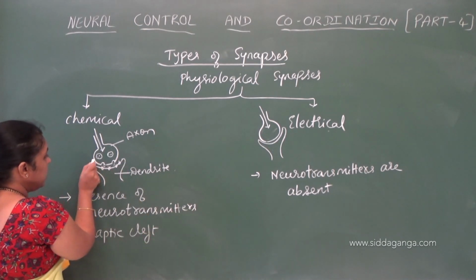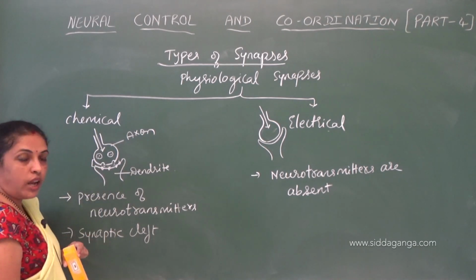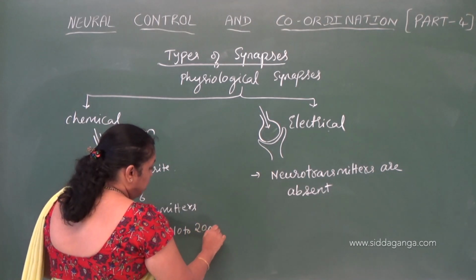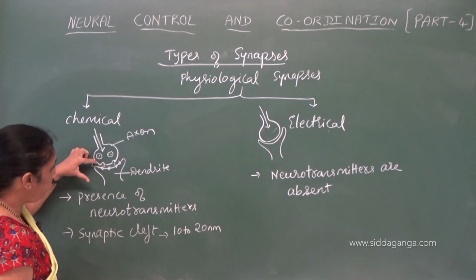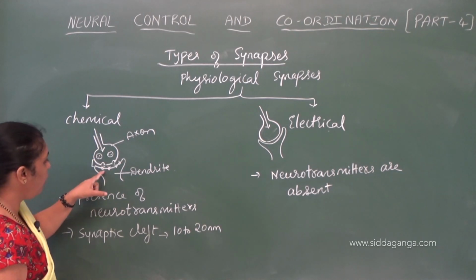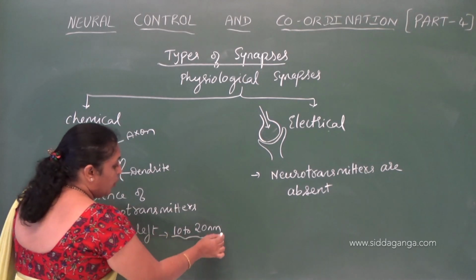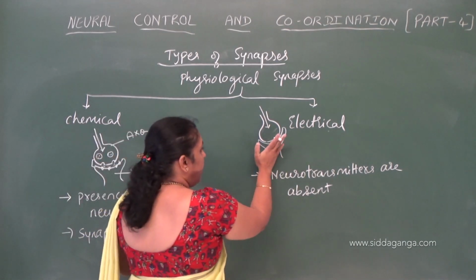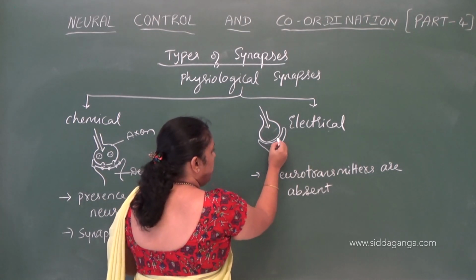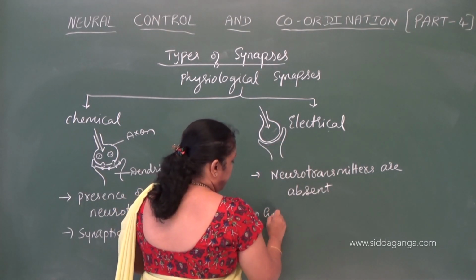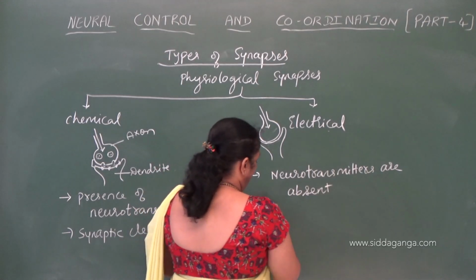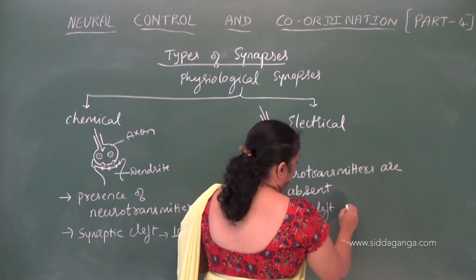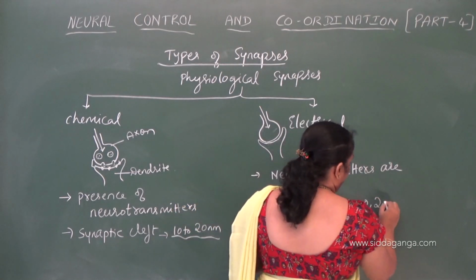The junction between axon and dendrite is called the synaptic cleft. In chemical synapses, the gap between axon and dendron is 10 to 20 nanometers, and the gap is larger. Here in electrical synapses it is very small. The gap in the synaptic cleft is just 0.2 nanometer.